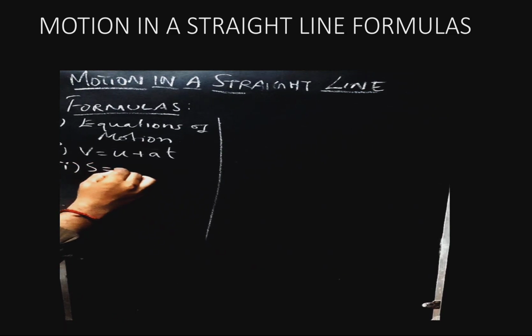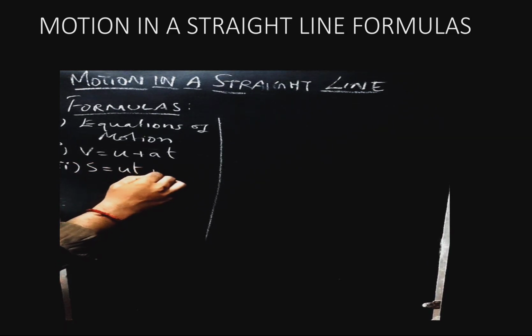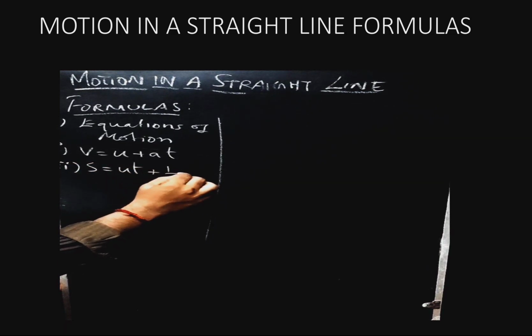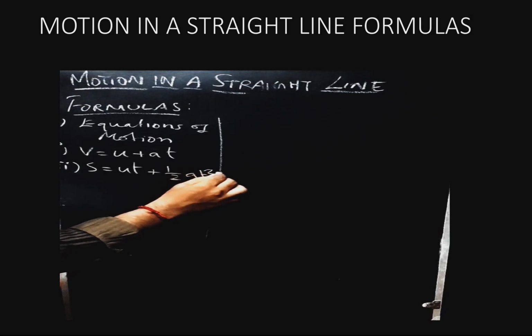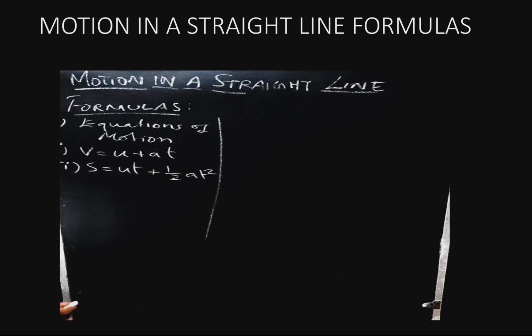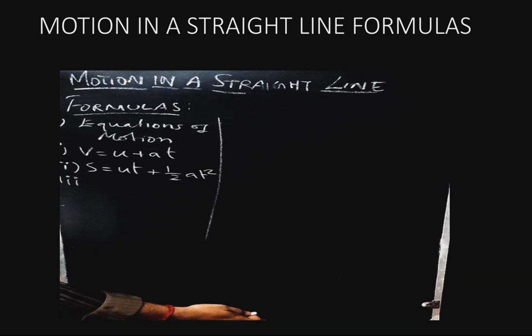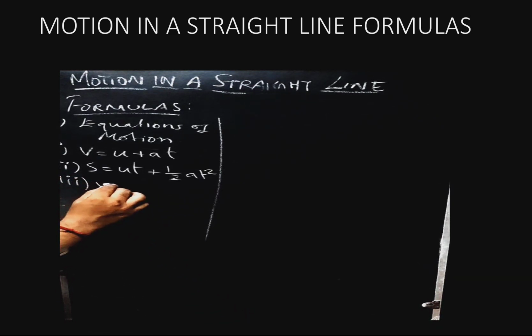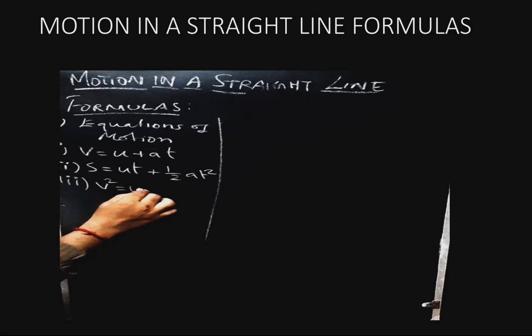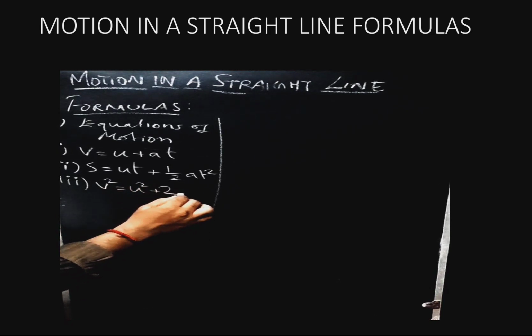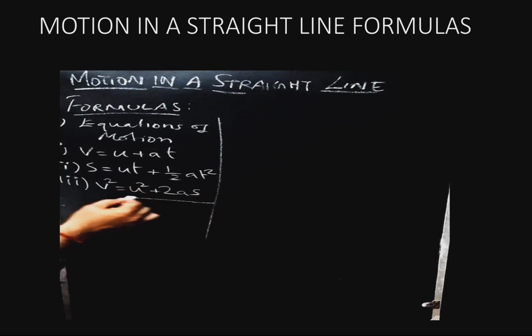The second one, s is equal to ut plus half at square. Here s is displacement, u is initial velocity, a is acceleration, and t is time taken. And the third equation is v square equal to u square plus 2as. These are the three equations of motion which you have learned in your lower standards.